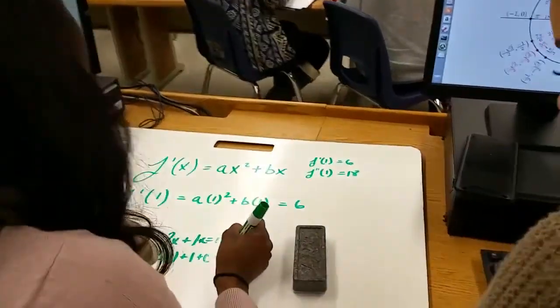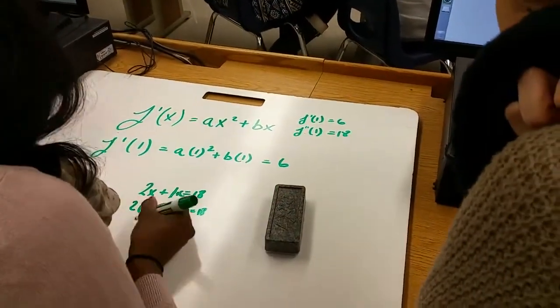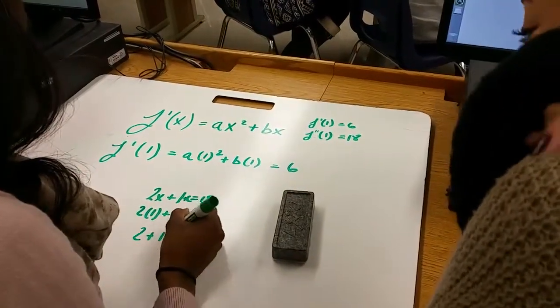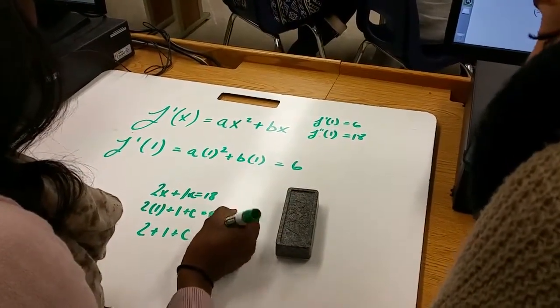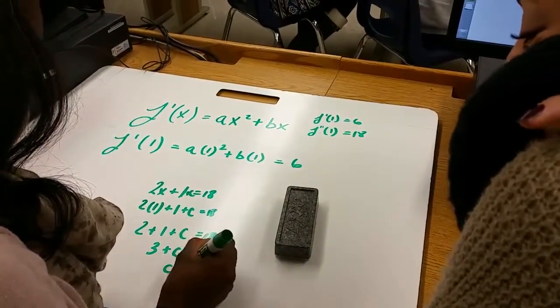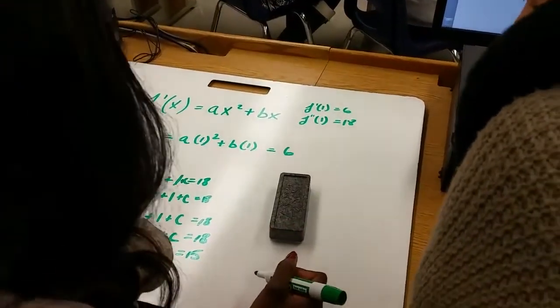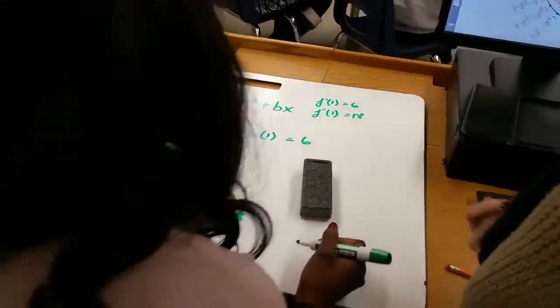Guys, help each other out. Okay, so now what we do. Don't tell me every single step, just the first step. What did you do first, anybody? You got the second derivative, right? What was it? 2ax plus b. Okay. That's your first step.